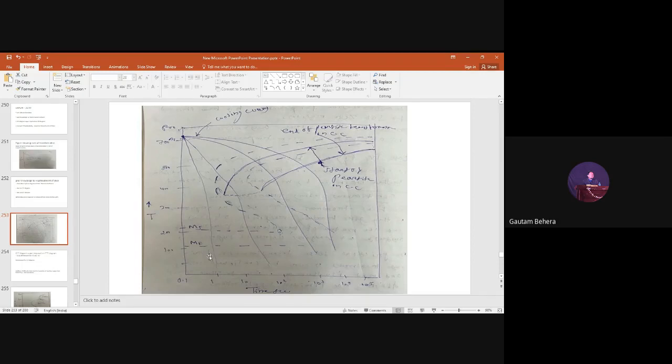Okay, how many of you remember what affects the transformation? Already we have discussed a lot of things. What affects the transformation? Apart from the dimension, forget about the dimension. Alloying elements. Obviously, the composition is very important. Is it plain carbon steel or alloy steel? And if it is plain carbon steel, then it is low carbon, medium carbon, or high carbon.